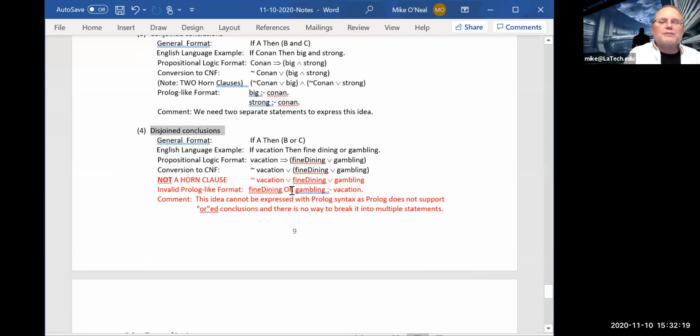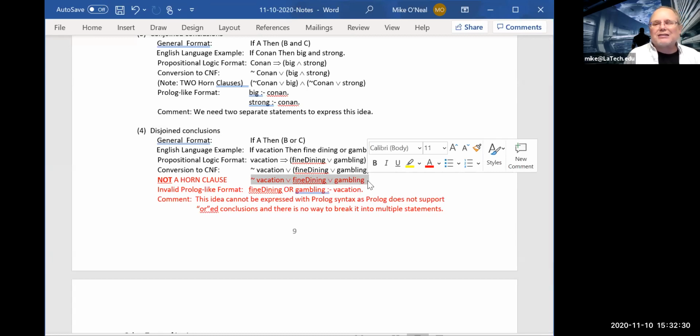The reason why it breaks Prolog is because this expression cannot be written as a disjunction of terms where at most one is positive. It takes two of these terms here to be positive, and you can't express it.